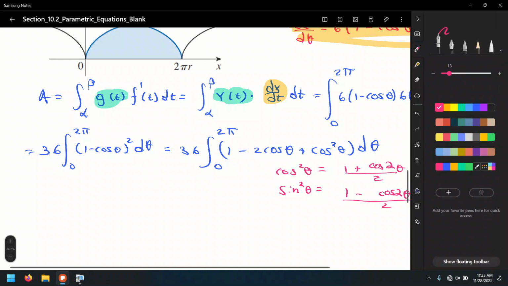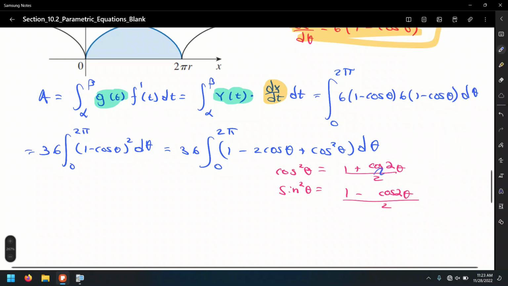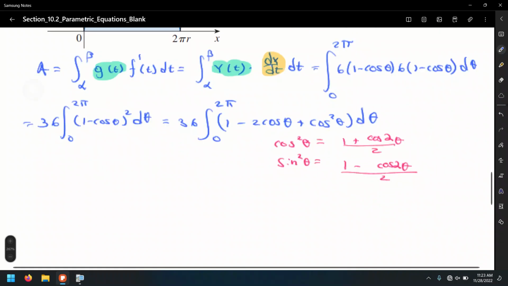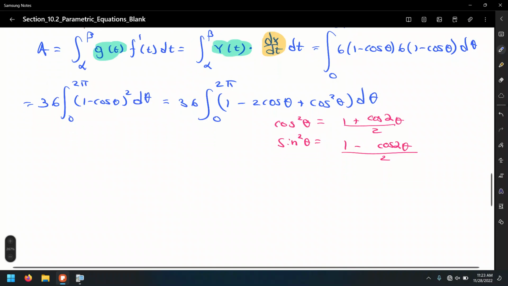All right, so in this case, we have a cosine squared here, so let's use the formula for cosine squared. I'm going to do a couple of things in one shot. Number one, I'm going to replace cosine squared with the identity. And that's 1 minus 2 cosine theta plus, I'm going to distribute, 1/2 plus 1/2 cosine 2 theta.